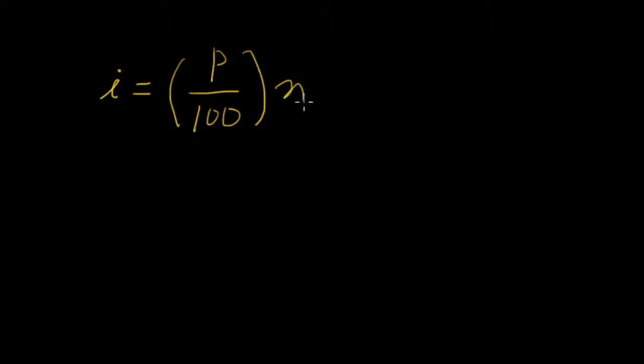Okay, so according to this formula, i is equal to p over 100 times n, with i being the position value and n being the total number of data points. So let's go through the easy example.